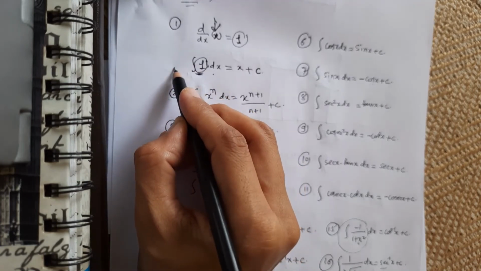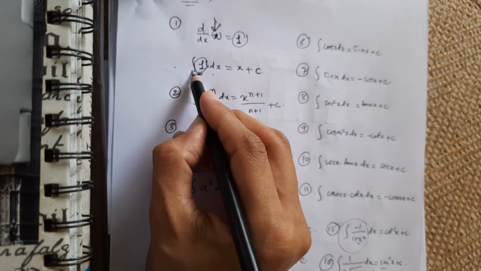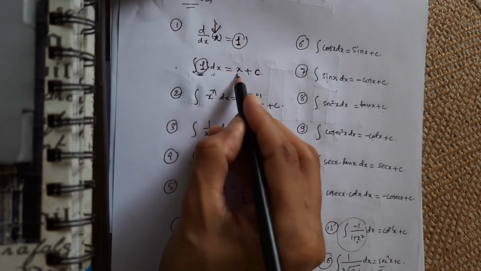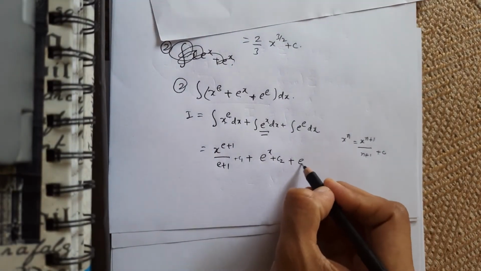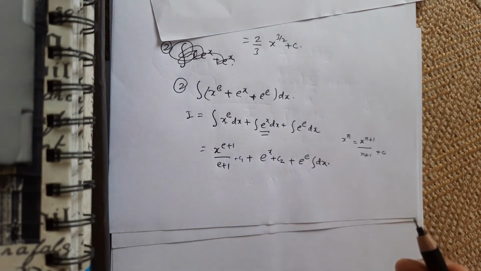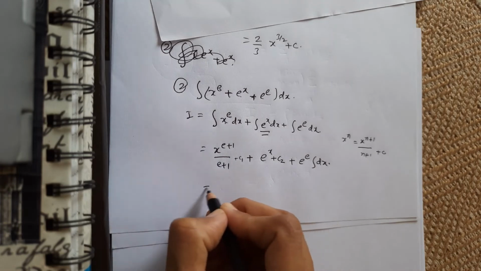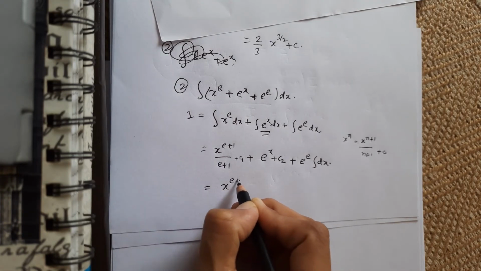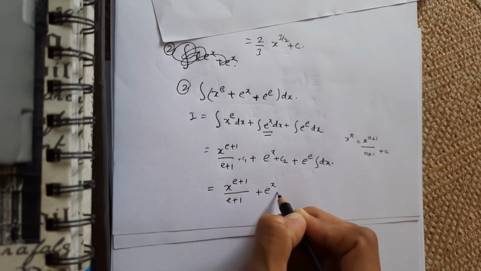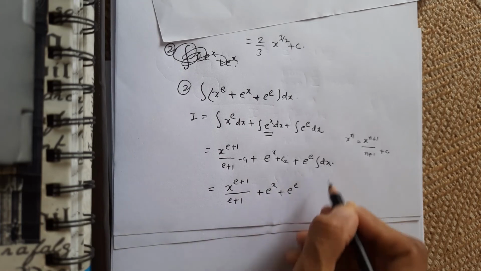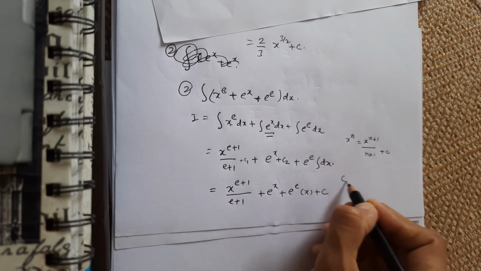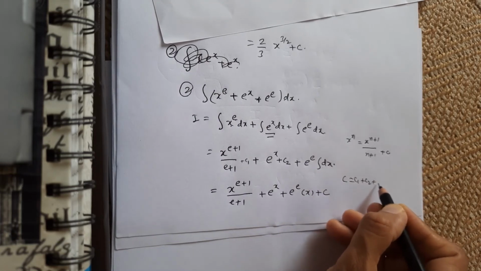You just take it out of the operator, out of this integration sign, and then the integration of 1 dx is x. So I am going to do the same here. E to the power e is a constant, integration of dx. Dx means 1 into dx. So what do I get? x to the power e plus 1 upon e plus 1, plus e to the power x, plus e to the power e times x, plus c, where c is c1 plus c2 plus c3.